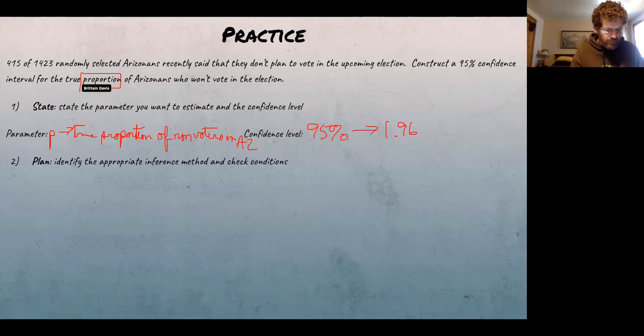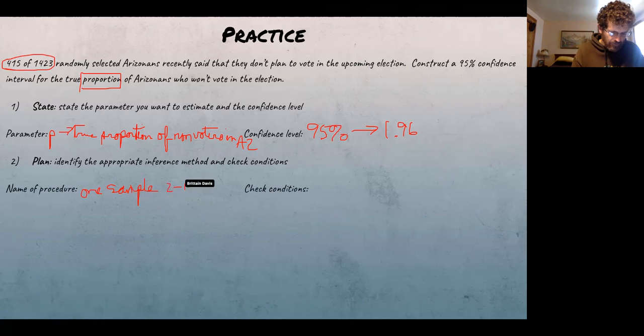I've only got the one sample right here. So that to me looks like a one sample Z interval for p, population proportions.